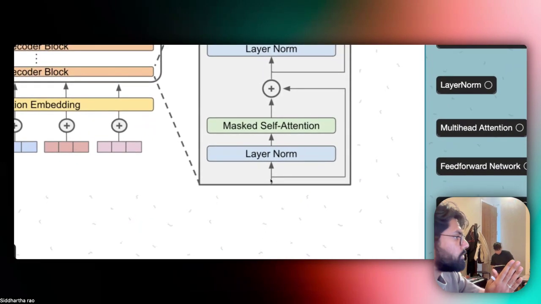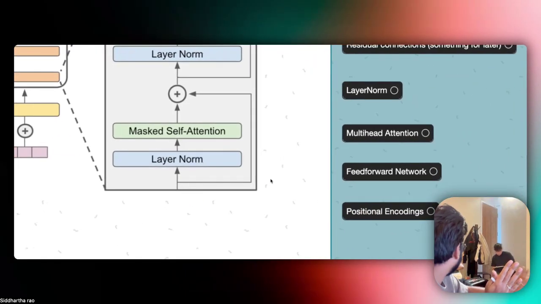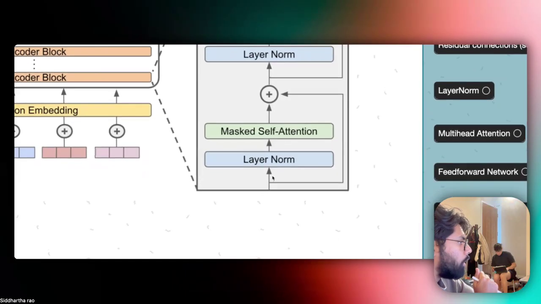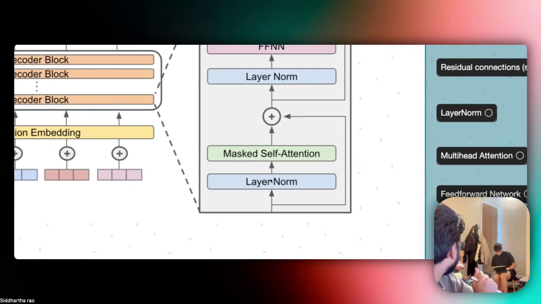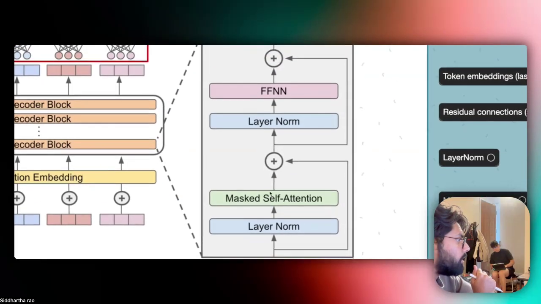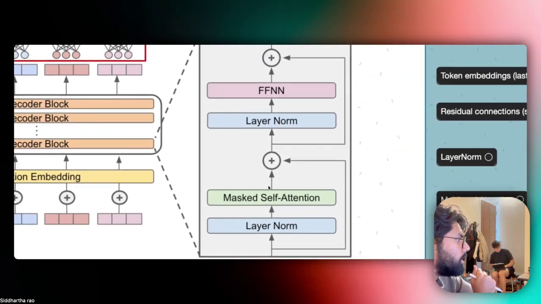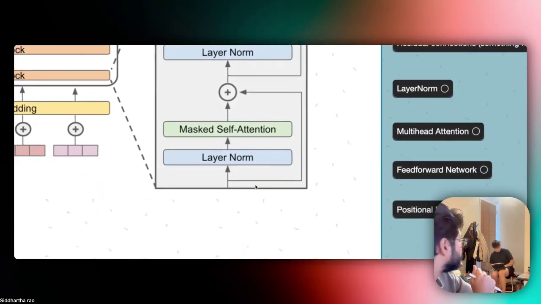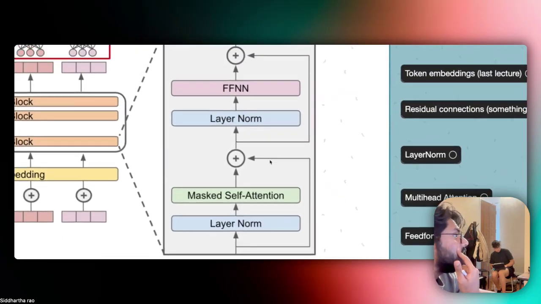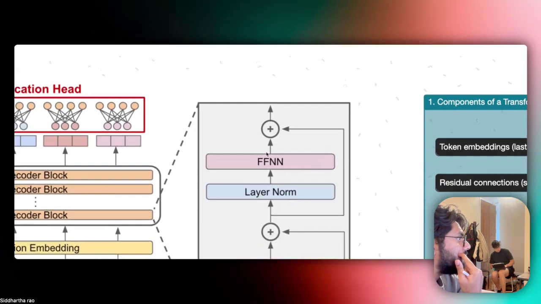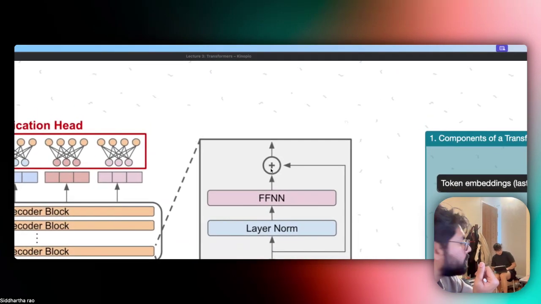That input matrix is cached and put aside, and a copy of it goes to layer norm, and then to self-attention, and the output of self-attention is added to this. Then it again goes to the normalization layer. This output goes back here and gets added to the output of the FFN.